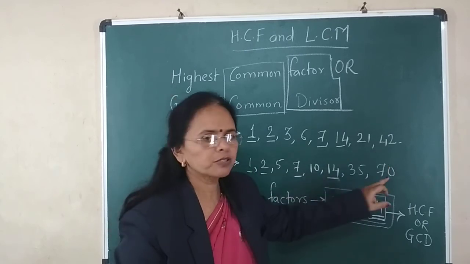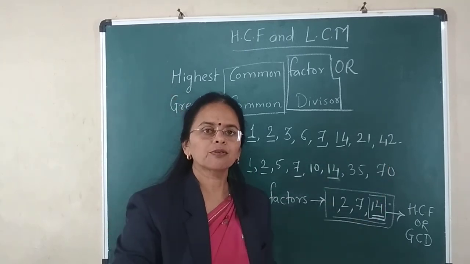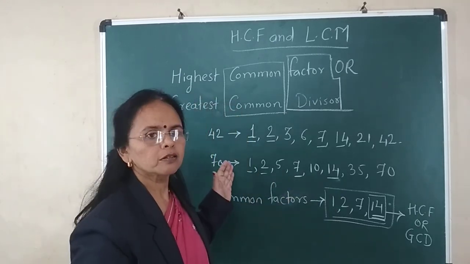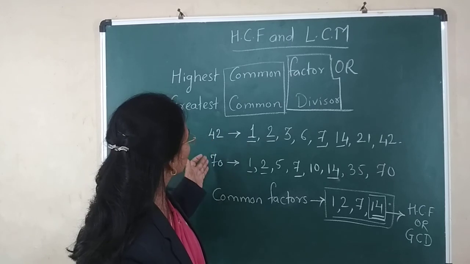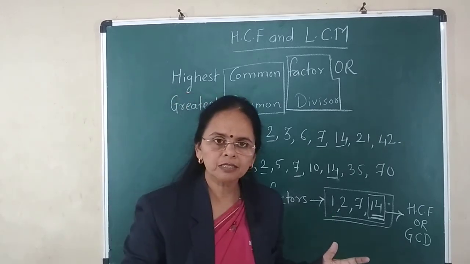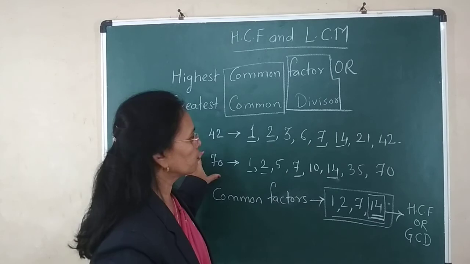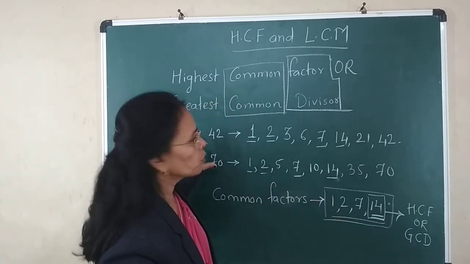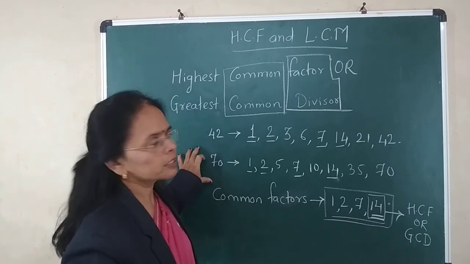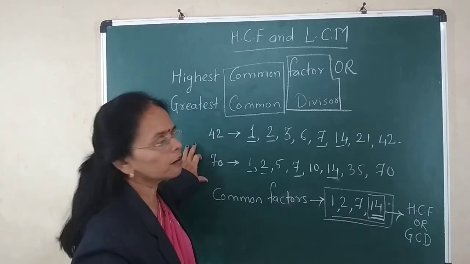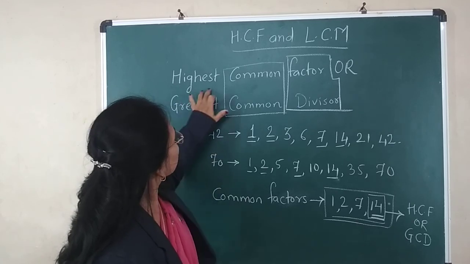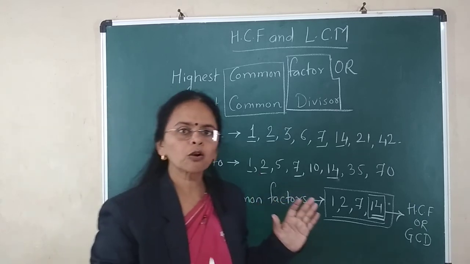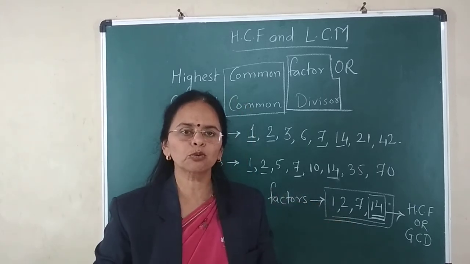We don't know the table of 70. And that's why for how to take the factors of big numbers, we have to see in the next video. How to find the highest common factor of big numbers. For that there are rules and we will see these rules in the next video.